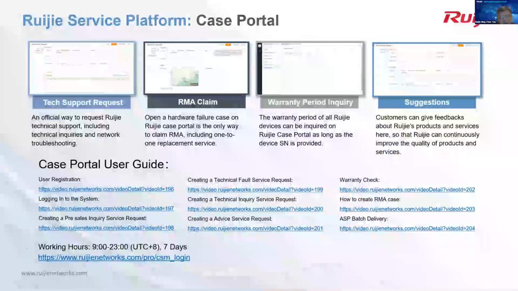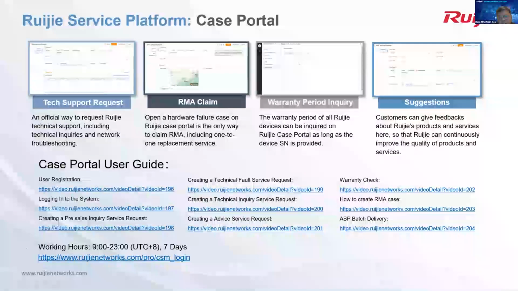And the second one will be the RMA claim. Okay. So if you are SI or other partners who want to claim the warranty by entering the RMA, you can enter inside our case portal also. Yeah. The third one will be the warranty period inquiry. In our case portal, we also include this function to check by using the serial number.